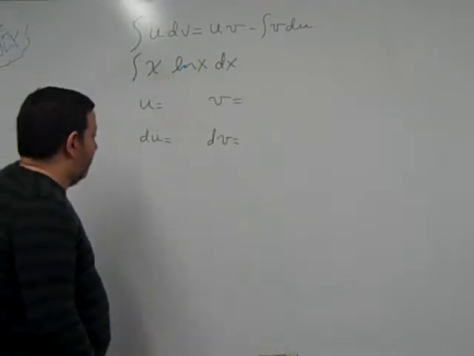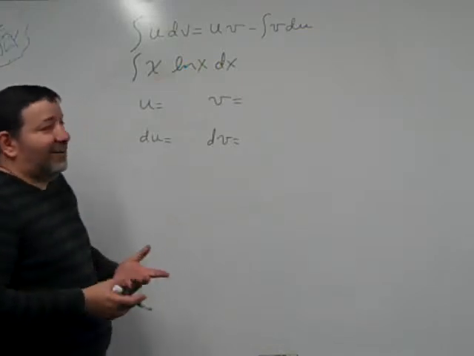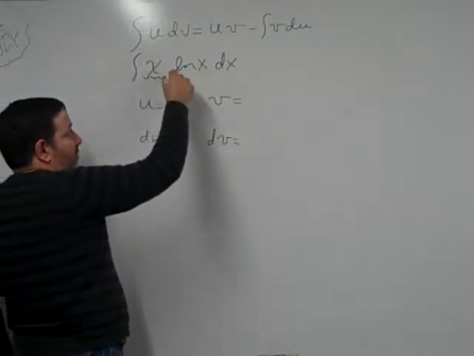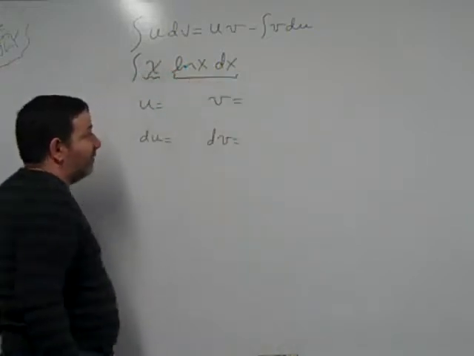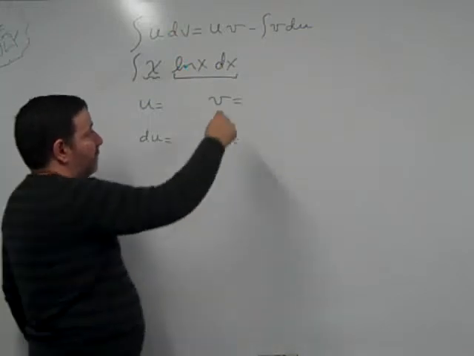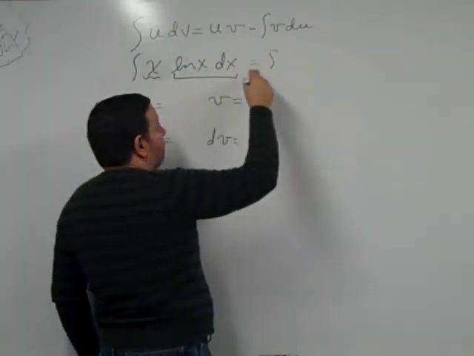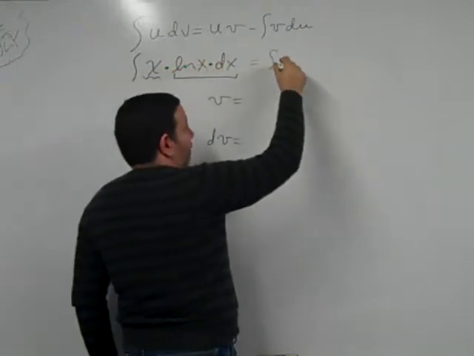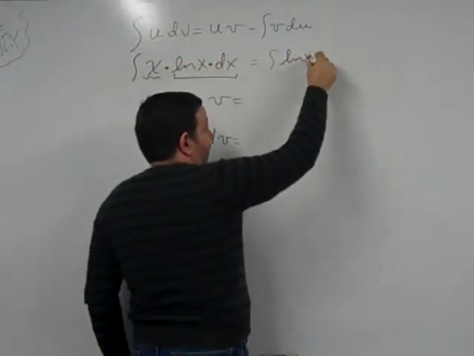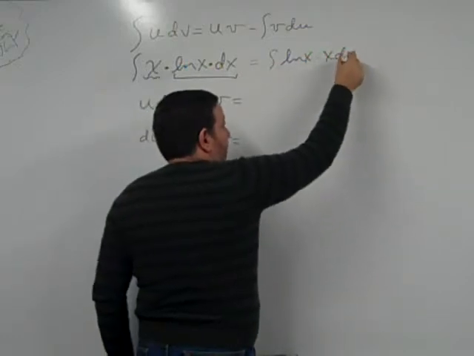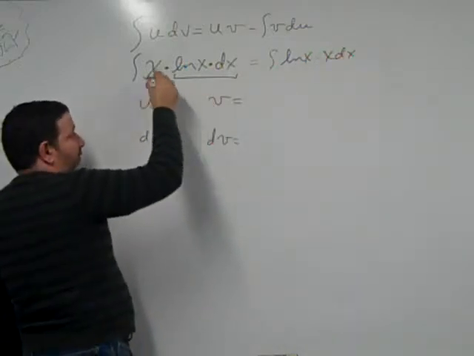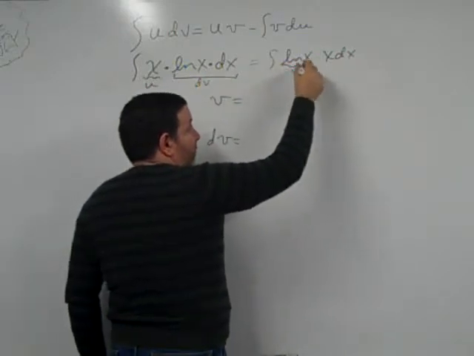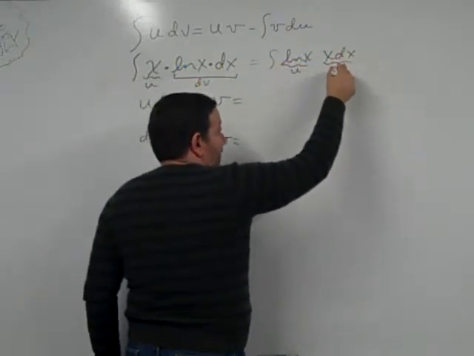Well, in my opinion, there's only two possible choices. I can call this u and that dv, or, remember, multiplication commutes. It's x times ln of x times dx. I can have ln of x times x dx. So maybe I call this u and that dv, or maybe I call this u and I call that dv.